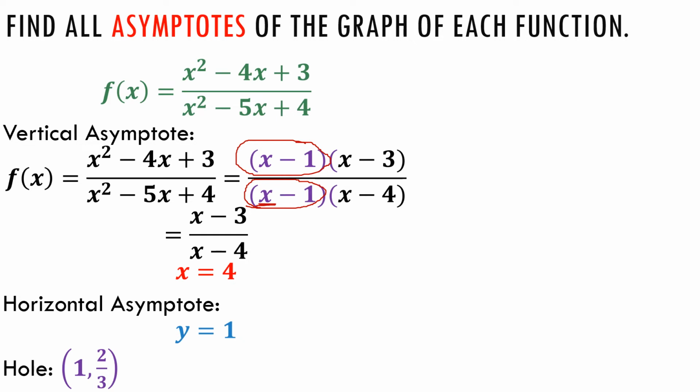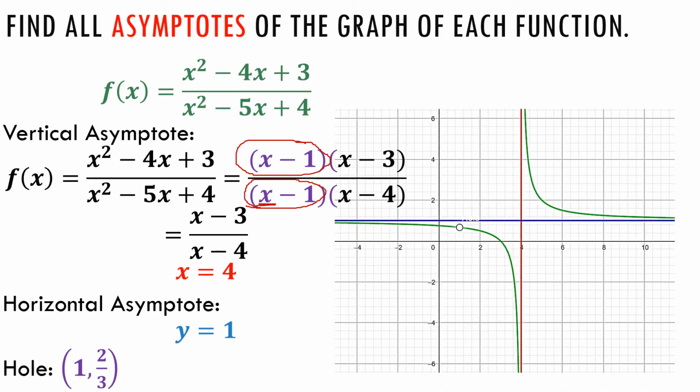Meaning, when x is equal to 1, our rational function becomes undefined. So it has a hole at x equals 1. This is what our graph looks like. So, this is the hole.